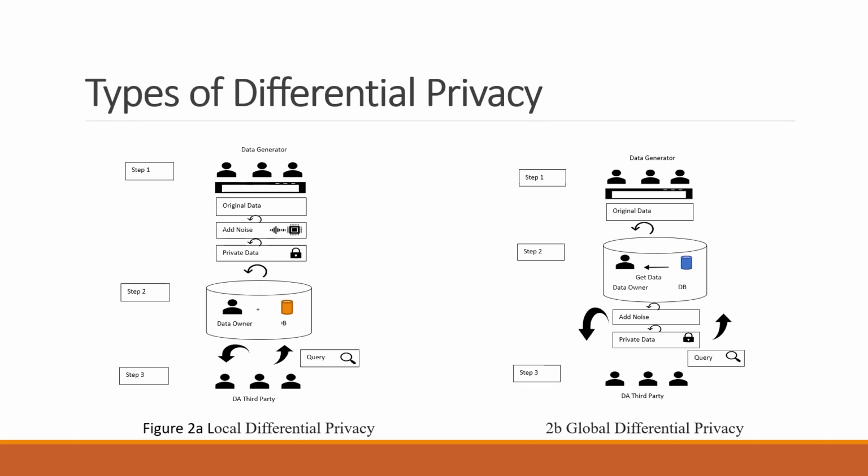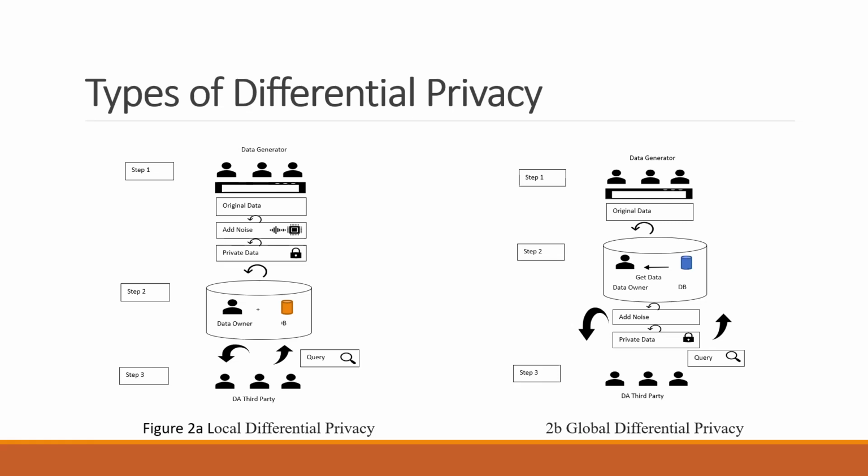In local differential privacy, all the individuals first add noise to their data and submit the private data to the data owner, and the data owner stores that data in a database. After that, a third party can access the data and fetch it through queries.